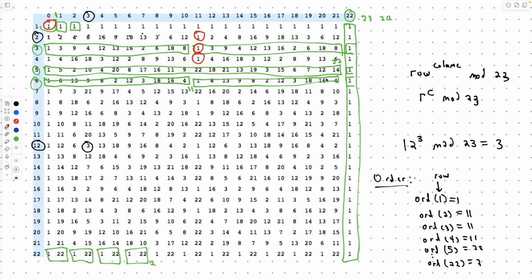Then we go out to 22. Then we're going back to 11. Then we go to 22. Then 1, 1, 1, 1. These ones are out here. And then what's the order of the last one? It's going to be 2.